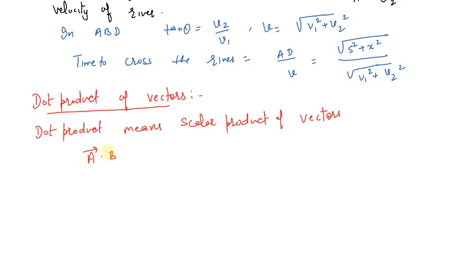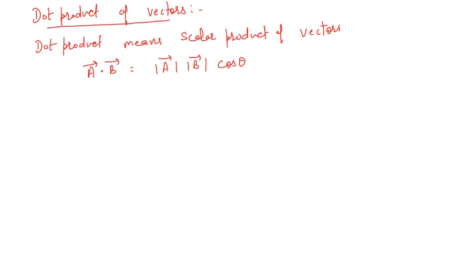A dot B is magnitude of A, magnitude of B and cosine of the angle between them. And this quantity is a scalar quantity, therefore we call it scalar quantity.